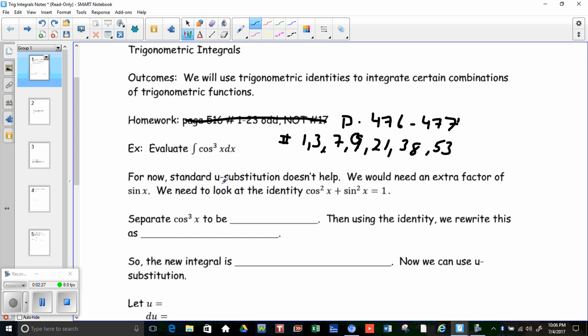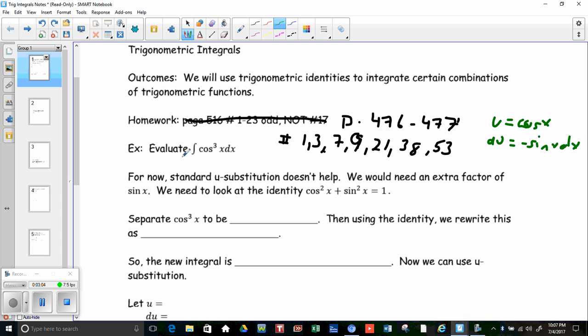You might think of trying to do standard u substitution. The problem is if you let u be cosine, which is really the only option, then you would actually need to have an extra factor of sine of x. So off to the side here, let's do green. If we let u equal cosine of x, then du would be negative sine x dx.